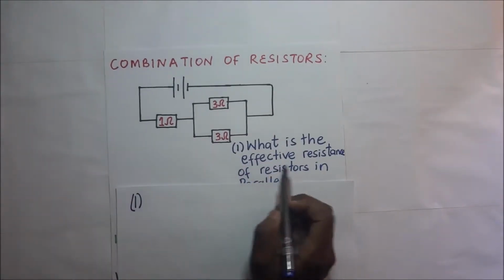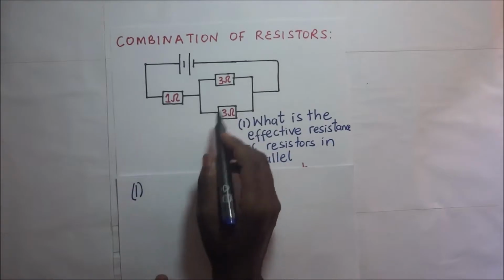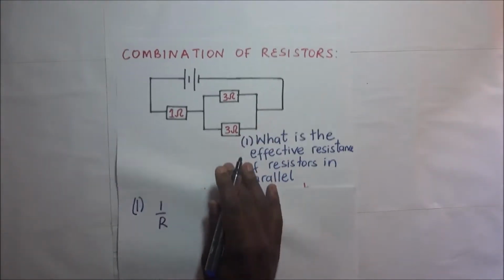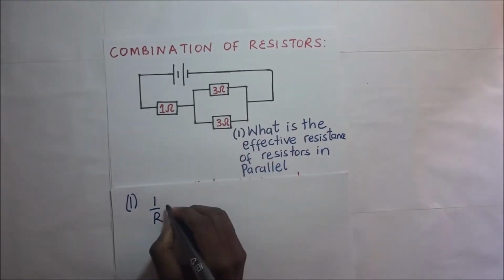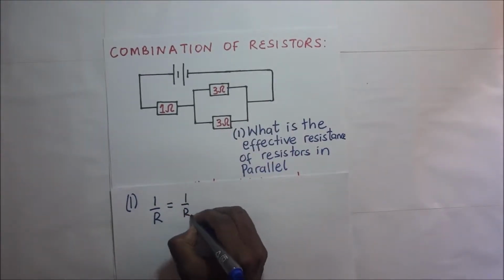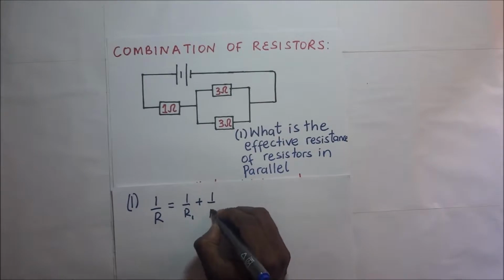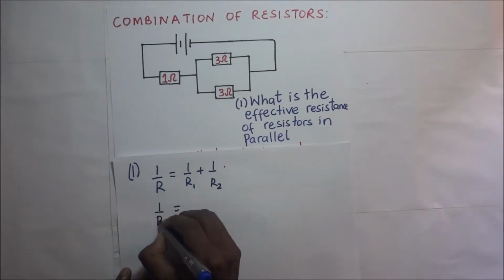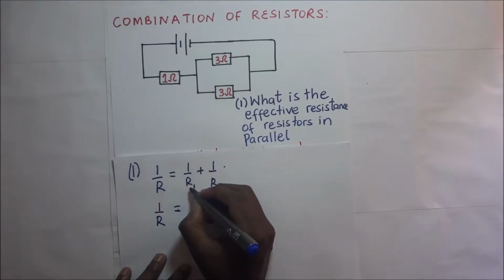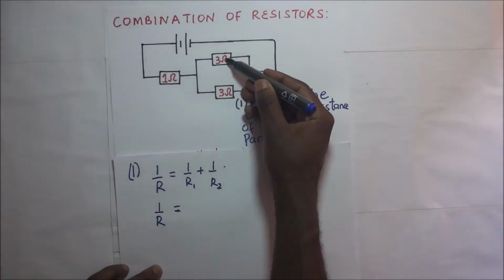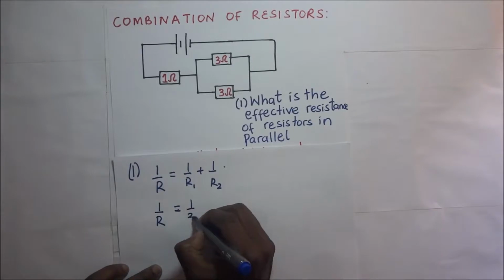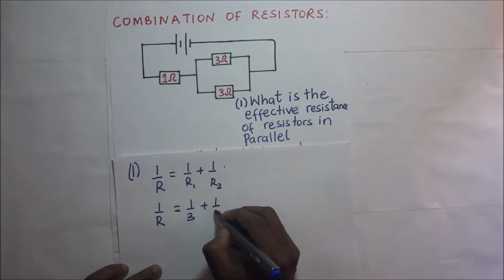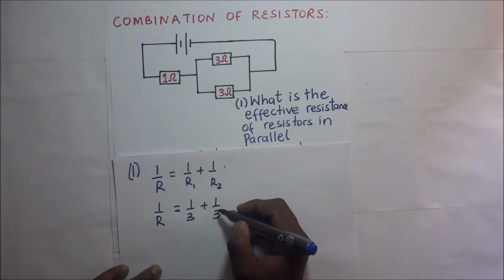To answer Roman 1, since they're in parallel, we know that 1 over R equals 1 over R1 plus 1 over R2. Since they are both 3 ohms, it's a third plus a third.